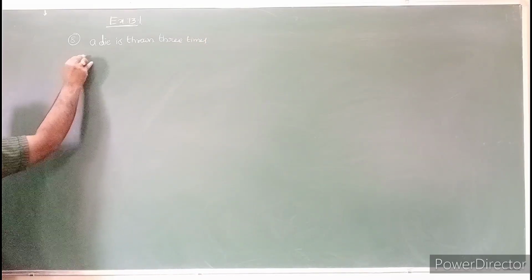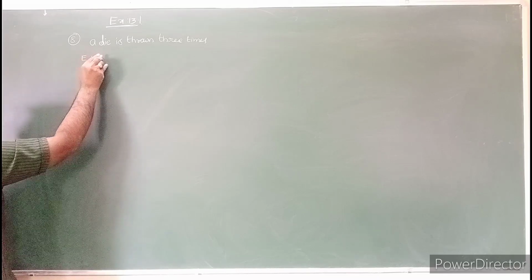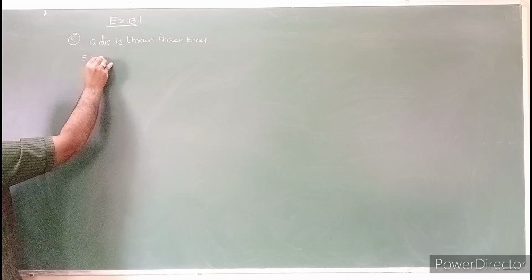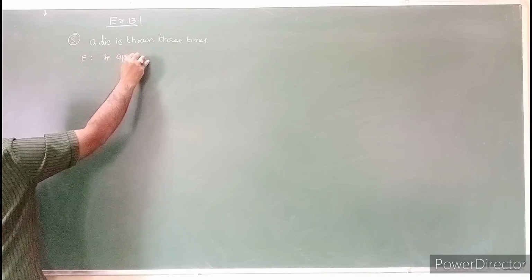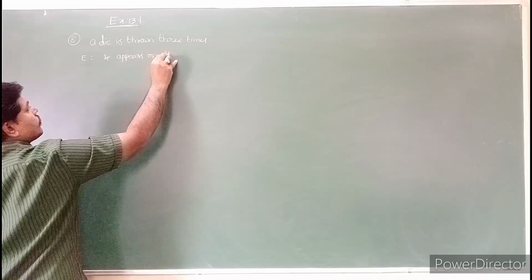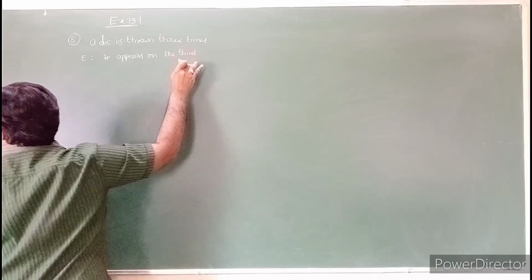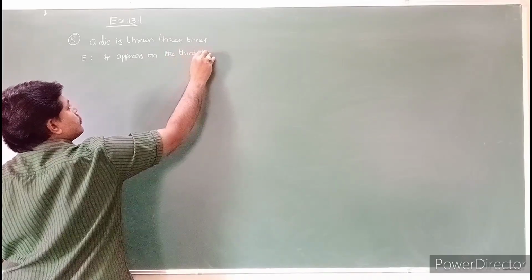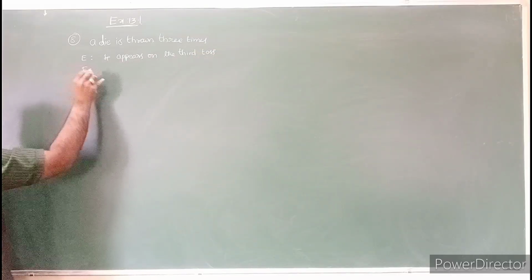What is E? E is 4 appears on the third toss. And F, what is F?